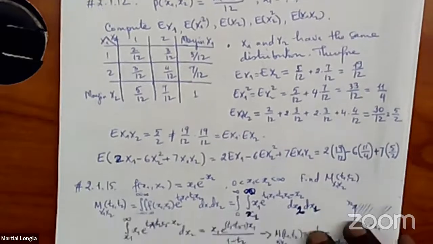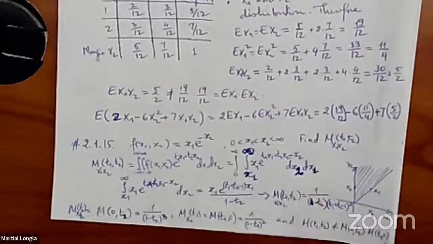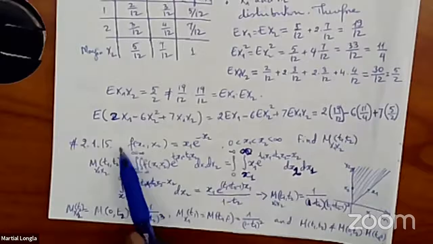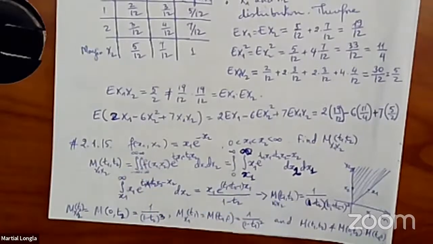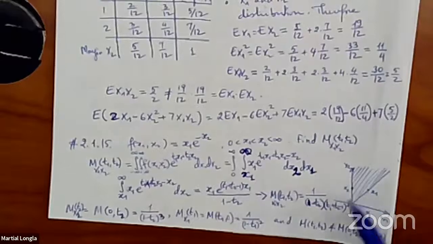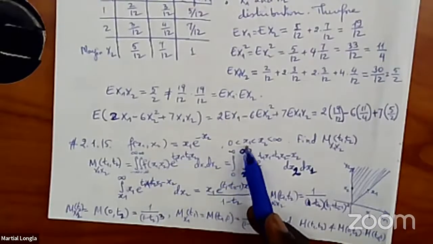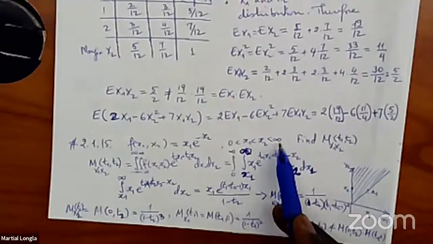Now the next one is how to find the moment generating function. And here, if you mistakenly don't choose properly the boundary, you'll end up with a contradiction in your work. You want to integrate, you draw that region, make sure you see the region of interest. Here, the problem says 0 is less than x1, less than x2, less than infinity.